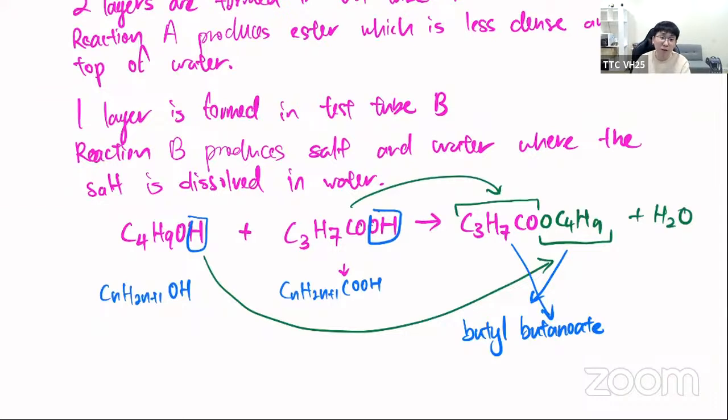I do it like this because you can imagine it like a Lego. You plug and play. You plug out OH, plug out H, combine water, the rest you connect. Technically you can call it C7H16O2, but then no point. Like this is better, you can see the whole structure of the ester.